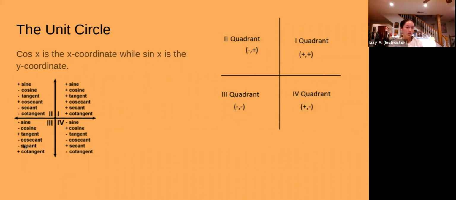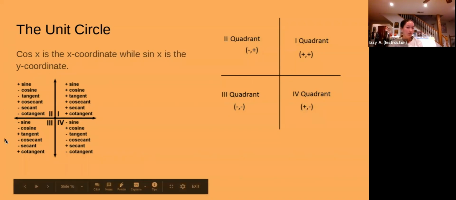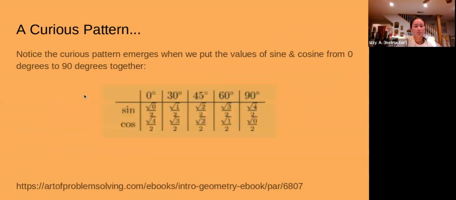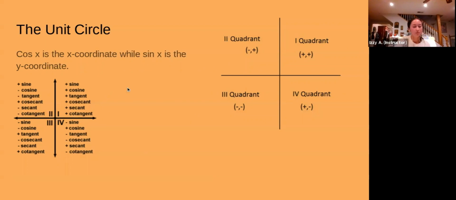And as you can see here, these are the different positive and negative values for these 6 different trigonometric functions. This might seem like you have to memorize all of these, but you actually don't. It's just showing the different signs for each function. Basically, in the first quadrant, all of them are positive.